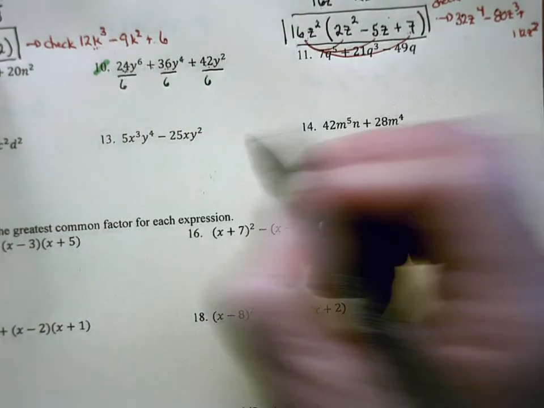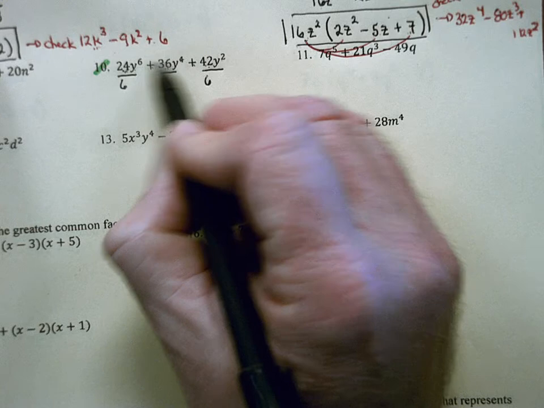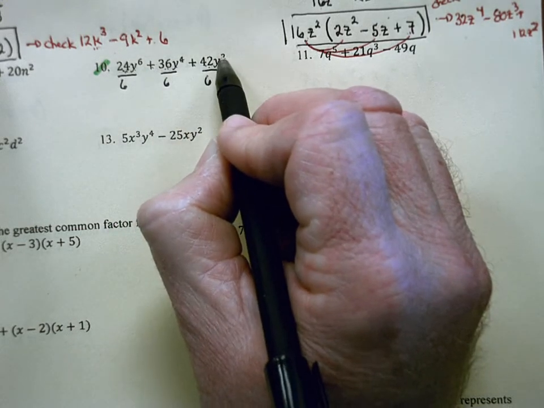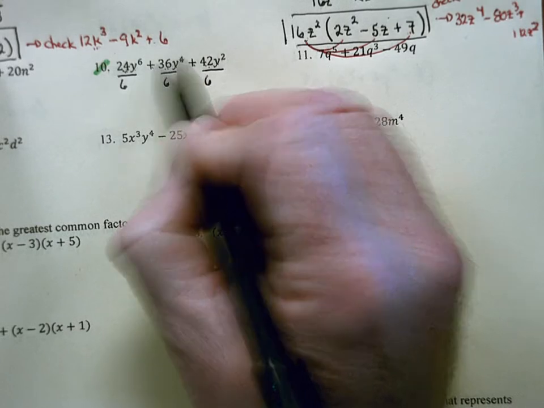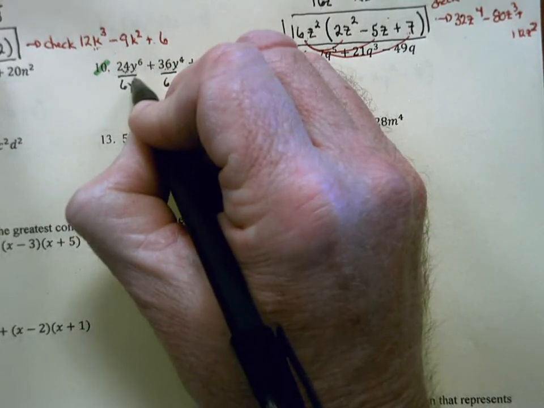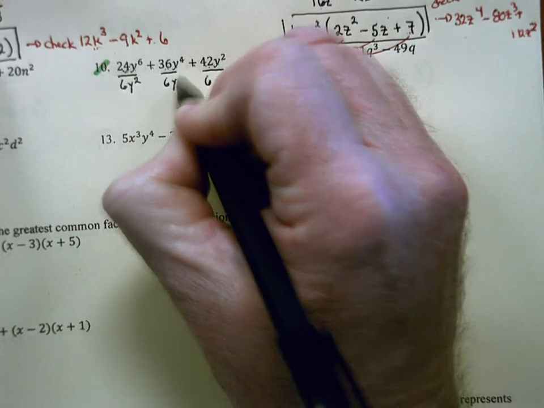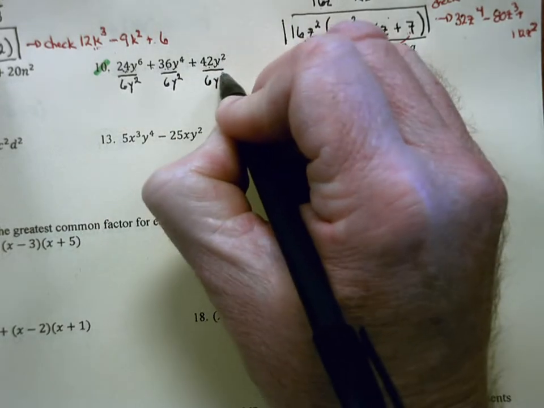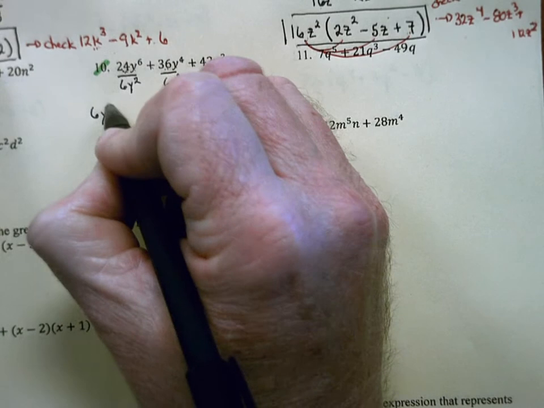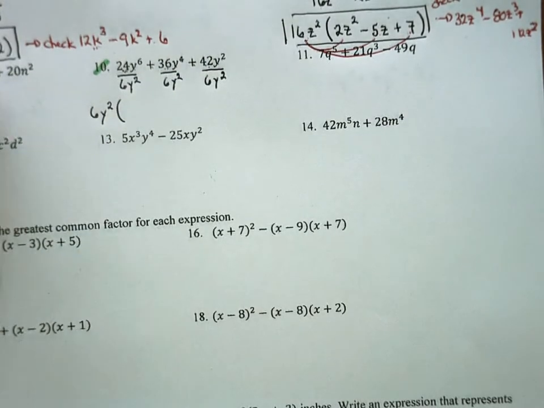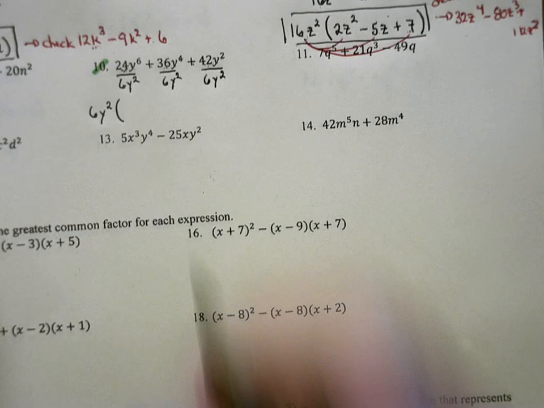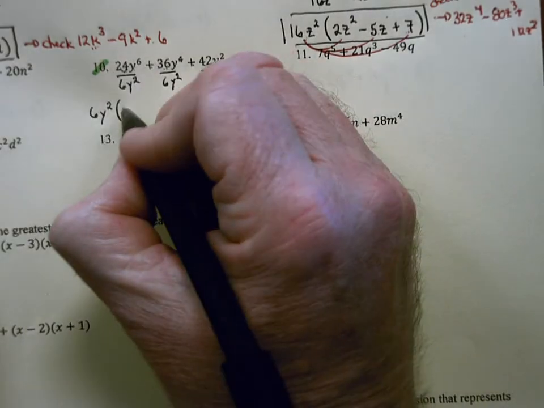That's a common factor. Now, if you notice, all of the terms have y's in them. This has 2 y's, this term has 4 y's, this term has 6 y's. So that means each term has at least 2 y's. So my greatest common factor is 6y to the second power. That's my first factor. My second factor will be what's left after I divide. 24 divided by 6 is 4.